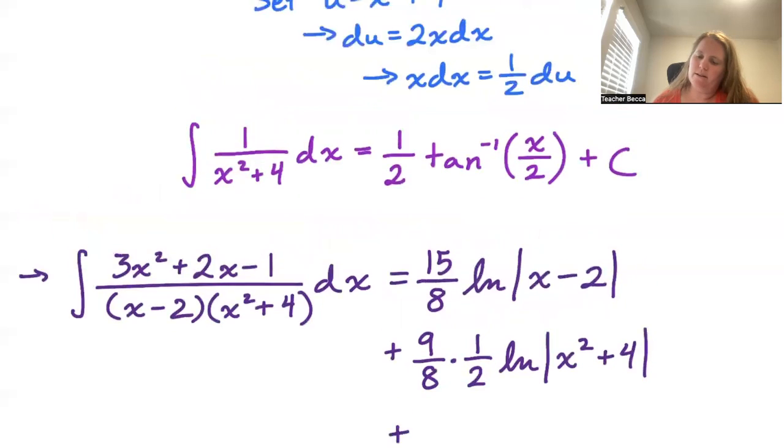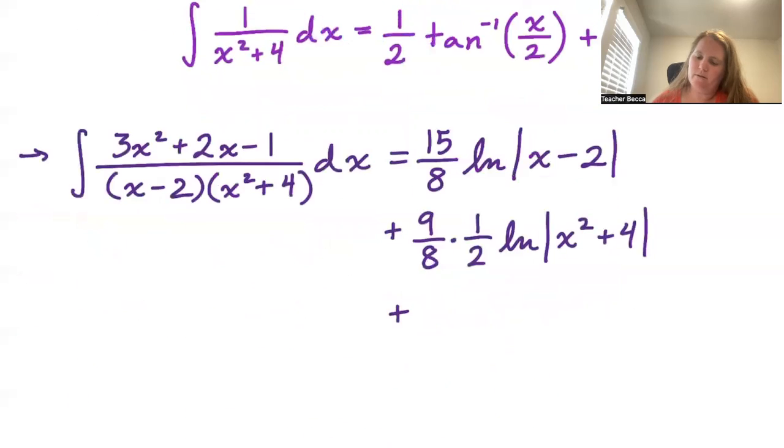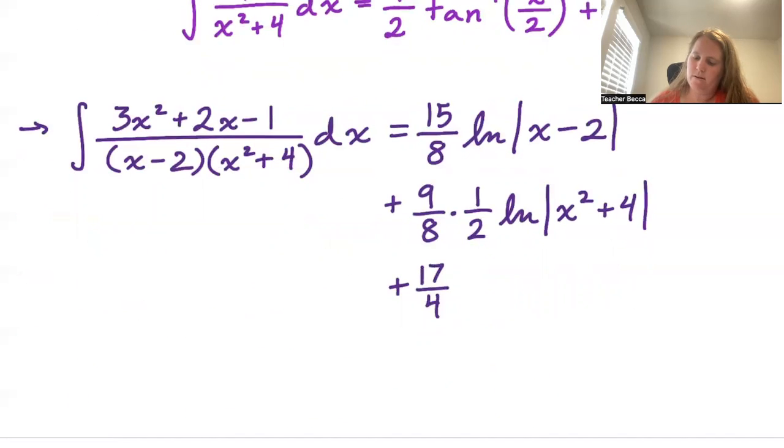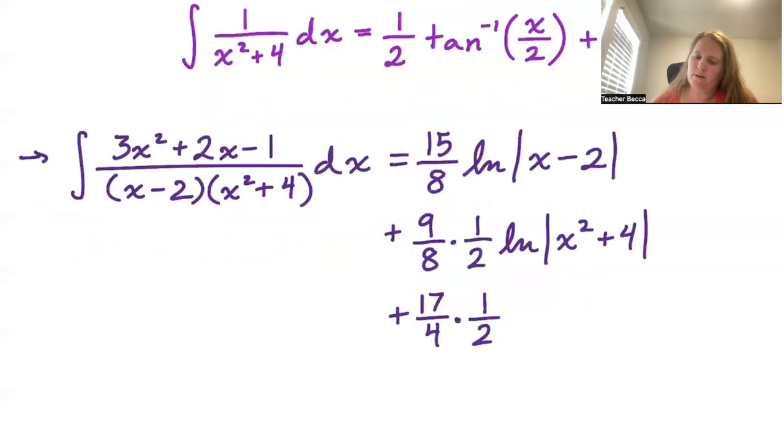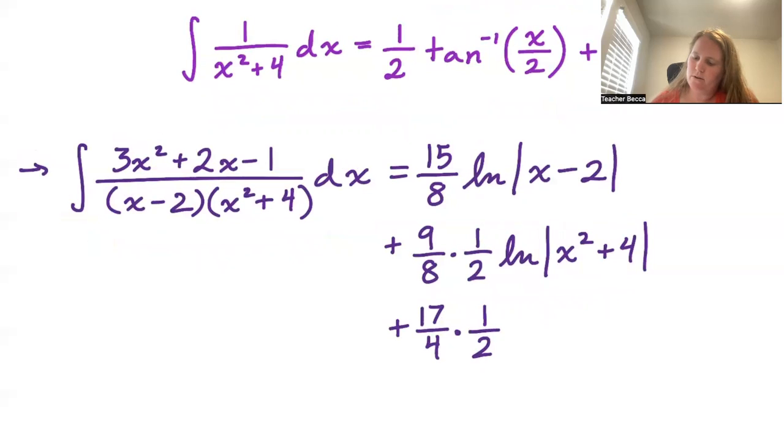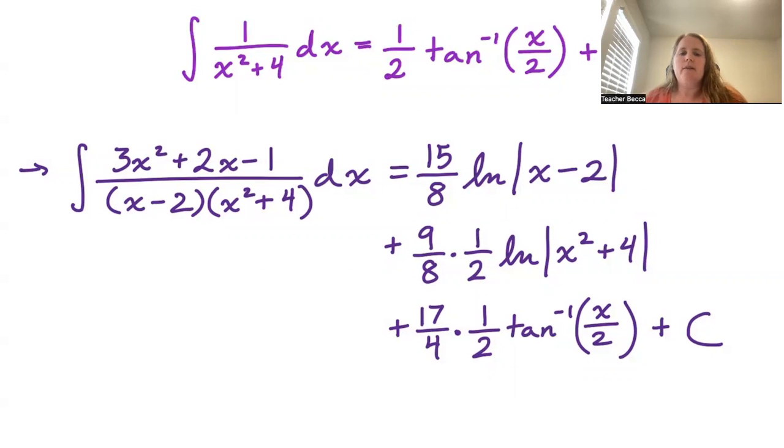Then we had plus 17/4 times 1/2 times tan inverse of x over 2, and then plus c. Let me update my screen quickly. So again, that last part was plus 17/4 times 1/2 times tan inverse of x over 2 plus c.